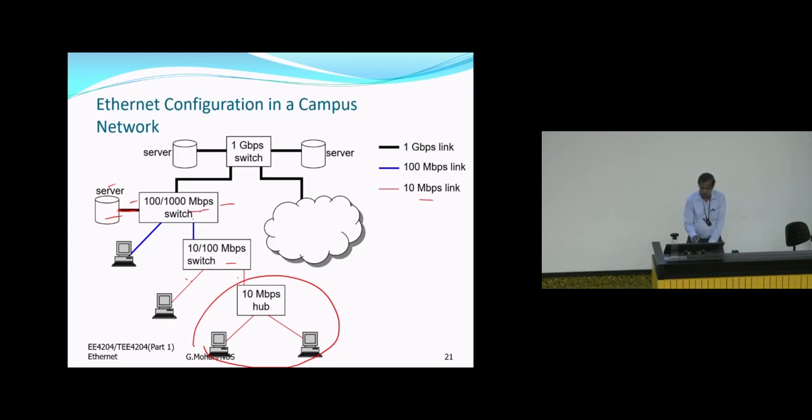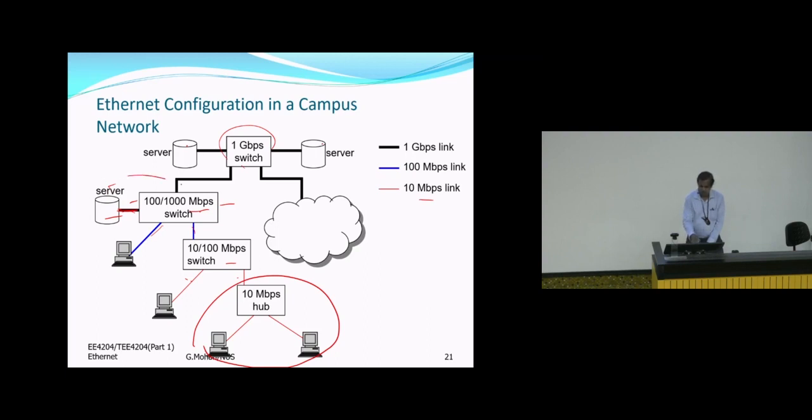If you look at the switch, some ports are 100 Mbps ports, some ports are 1 Gbps ports. So you can have 1 Gbps port, fiber port, and normal 100 Mbps port. And at the highest level, there are multiple servers connected to the switches. It's not one switch. Actually, there is a rack of switches in the data center. So many switches are there, but it's a simplified diagram.